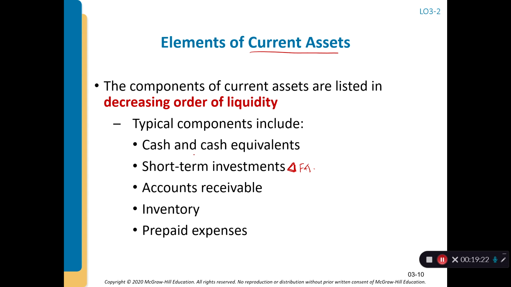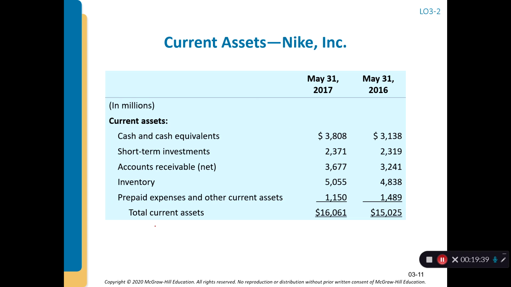We do emphasize cash and cash equivalent. And accounts receivable, yes, we definitely talk a lot about it. And inventory, we talk a decent amount about it. And prepaid expenses, we talk about it, but you might not realize how important that is, right? So therefore, let's go through one item at a time.